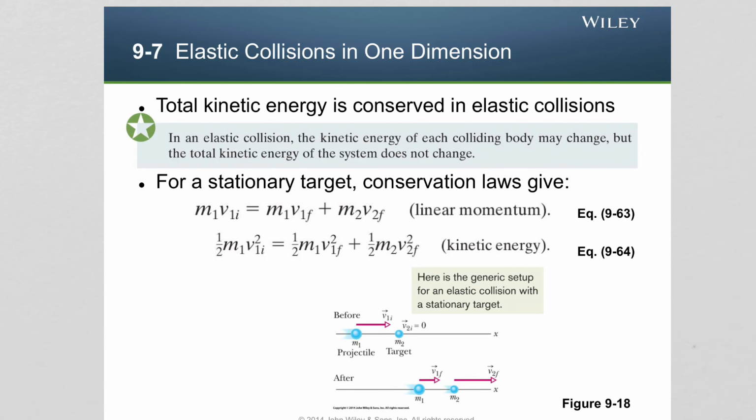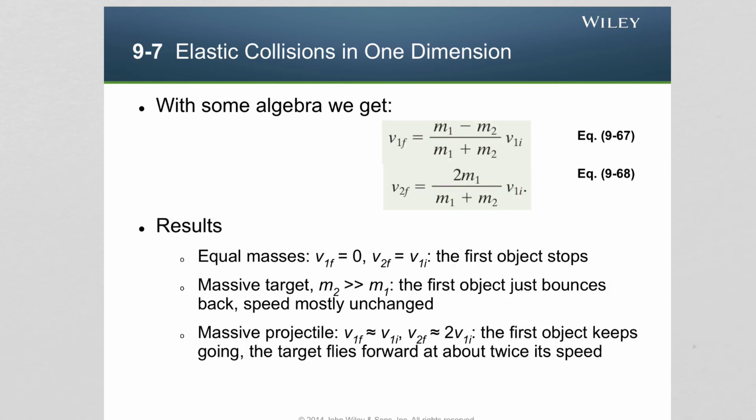So from those two equations, I can solve for the velocities of the two objects after collision, v1 final and v2 final. You can use these expressions on your formula sheet without having to derive them for the next test. This is as a side note.